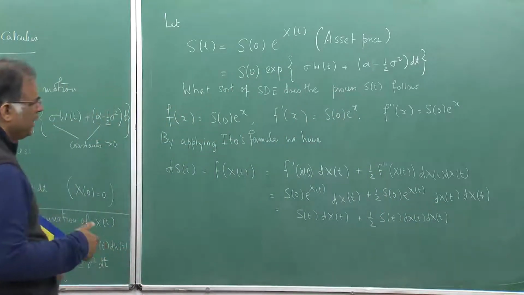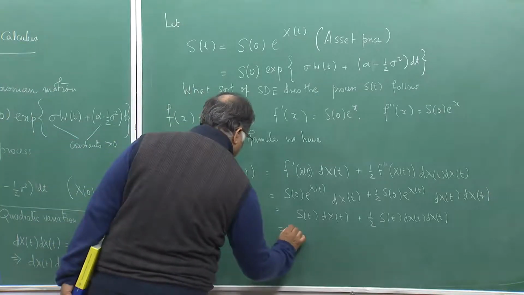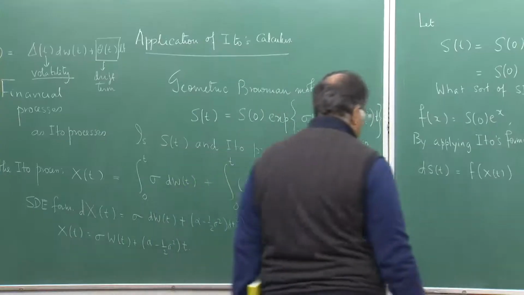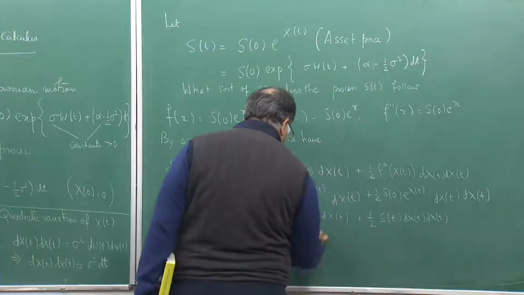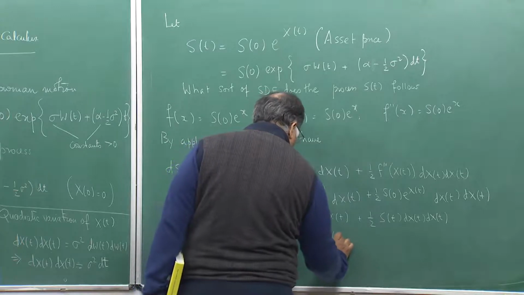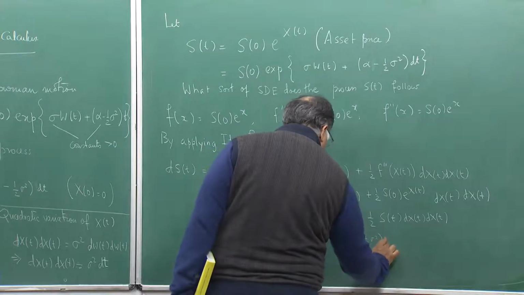Now, dXt times dXt is sigma square dt. So, we will write again St. Now, we will write down this whole thing. I am writing now dXt, the SDE form of Xt: it is sigma dWt plus alpha minus half sigma square dt.